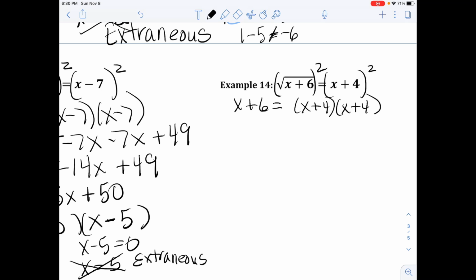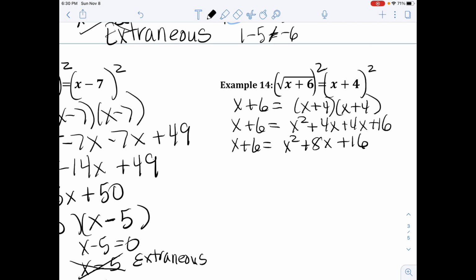When it doesn't have a square root, you're squaring the binomial, so you write it twice. x plus 6 equals x squared plus 4x plus 4x plus 16. x plus 6 equals x squared plus 8x plus 16. Zero out one of the sides. x squared, subtract the x, plus 7x, subtract the 6, plus 10. Factor.